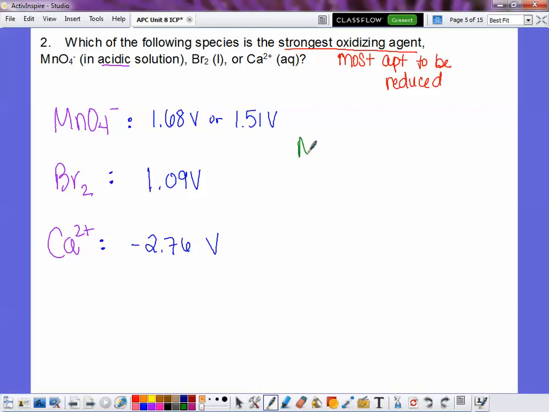All right, so now, to answer the question, which one's most apt to be reduced, the answer is MnO4 minus. The reason why is because it has the largest reduction potential, meaning it is most likely to be reduced. Between these three things, MnO4 minus has the highest reduction potential, therefore it's going to be reduced compared to the other ones.